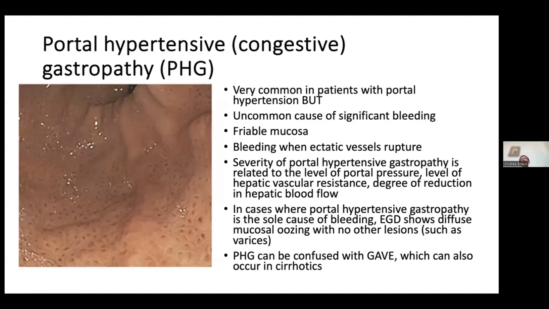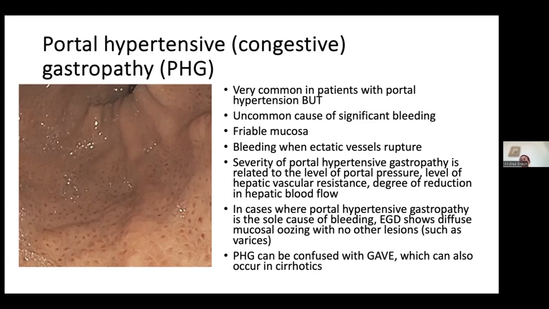There are some cases where severe portal hypertensive gastropathy just leads to diffuse oozing and significant anemia. But it's not the patients that keep throwing up blood in front of you. It's more the patients that have ongoing melena and are anemic and you have to keep giving them blood. And then you do the endoscopy and you see the portal hypertensive gastropathy.